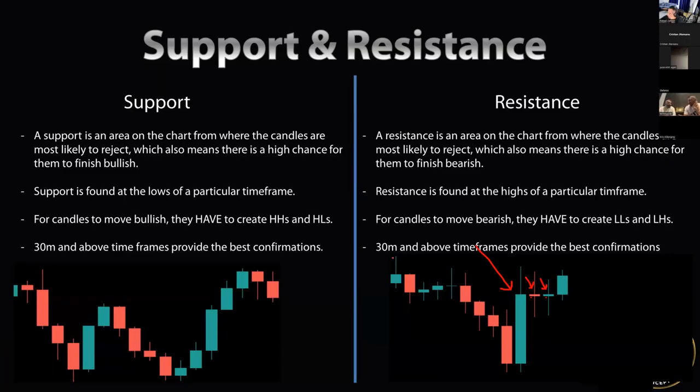we have these wicks right over here. So we gotta wait. Now we have a bigger body candle forming right here. We have clean range. Even though sometimes we cannot take a trade, we can still guesstimate where the price is going to go.